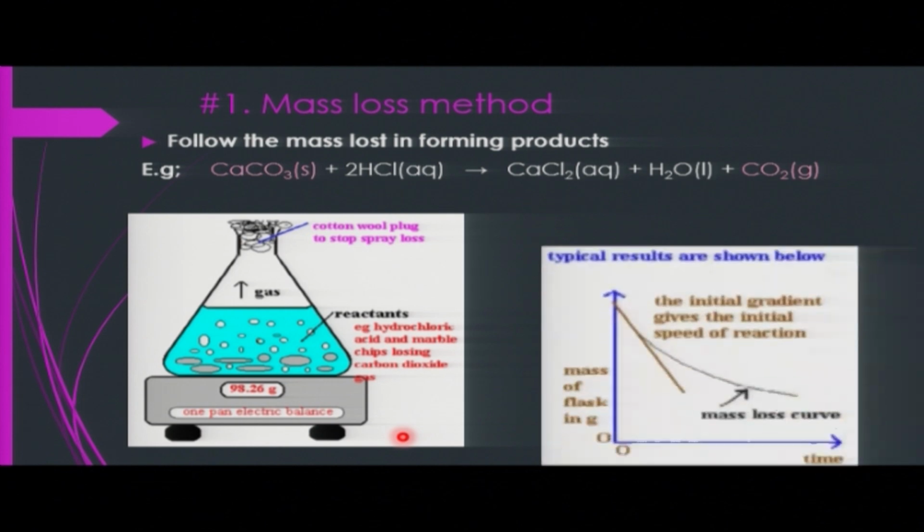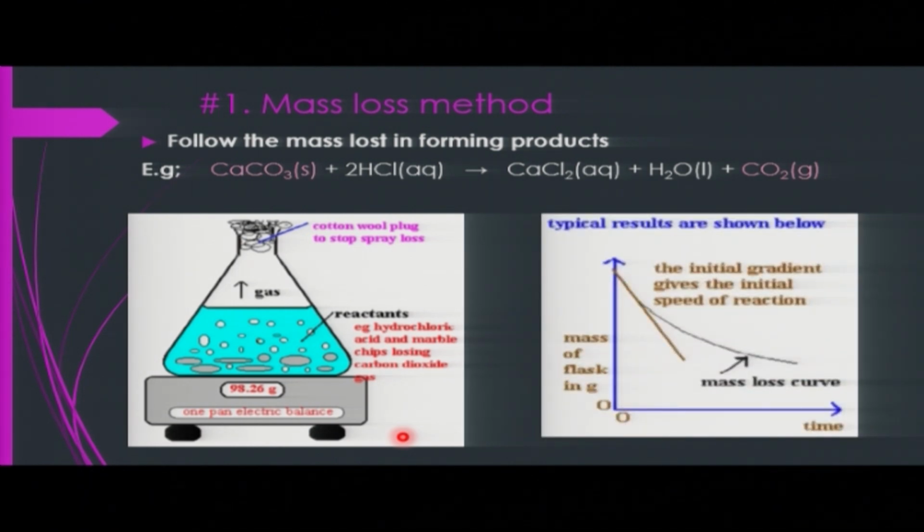That is typically following the minute per minute change in the mass, or second per second change in the mass. Of course, this is about the timing you set. What do you see with the typical result?